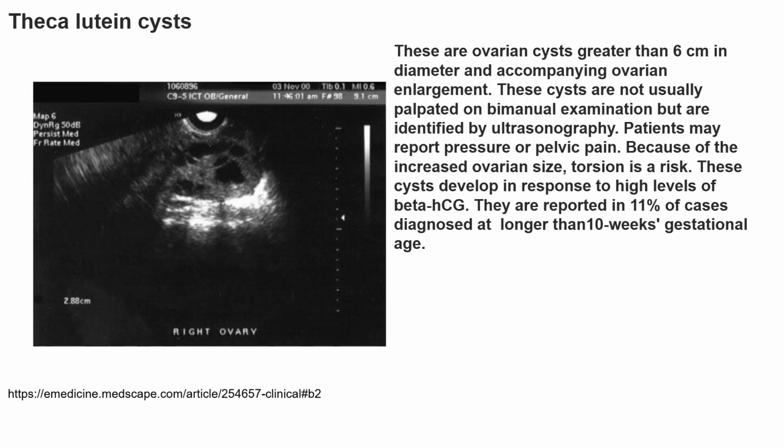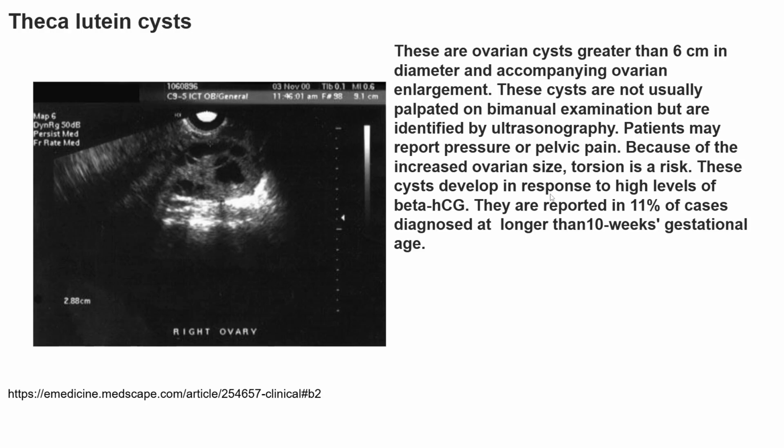Some of the patients may not be diagnosed with the mole in the initial stage, but there could be a typical presentation of ovarian cyst, also called theca lutein cyst. These cysts are different from the routine distension cysts of the ovaries, because they may have a diameter of greater than 6 cm, and the ovary also would be enlarged.